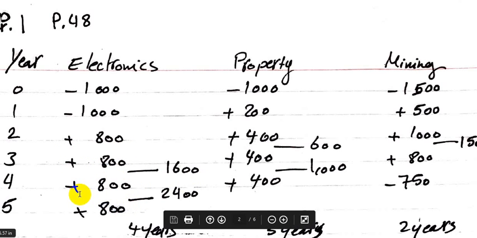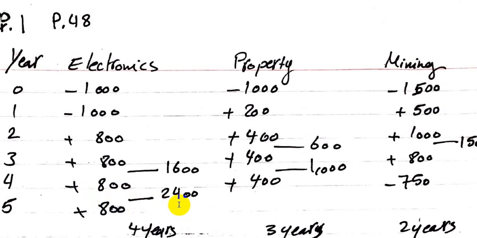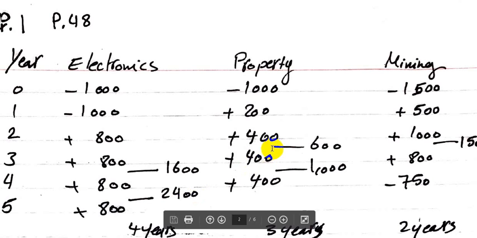But when we add the 800 of the 4th year, it will add up to more than the initial investment with 2,400, as you can see here. So the payback period for the first project is 4 years, so it will be rejected by the company because they have a criterion of 3-year payback period.